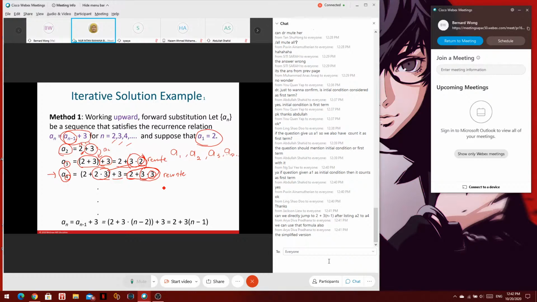So when you see that pattern, it becomes 2 plus 3 times the previous number of n. For example, if you want to find a_6, then it is 2 plus 3 times 5. Then you get the answer.